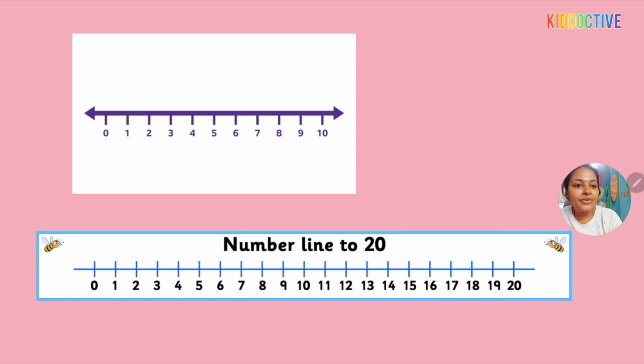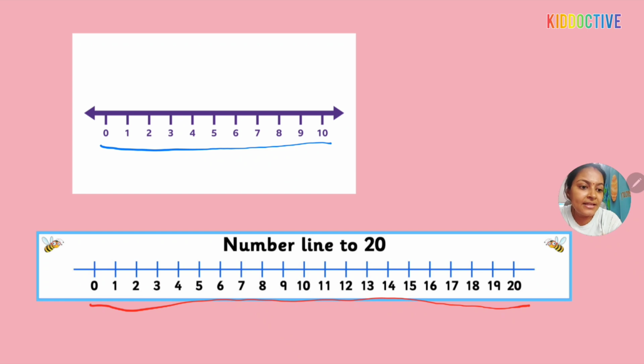In the first picture, you can see the numbers from 1 to 10. But in the second picture, you are going to see the numbers from 0 to 20. So 0 to 10 is more or 0 to 20 is more? Obviously 0 to 20 is more.